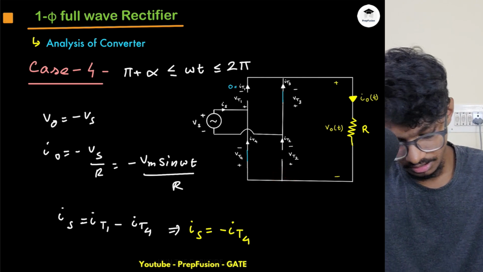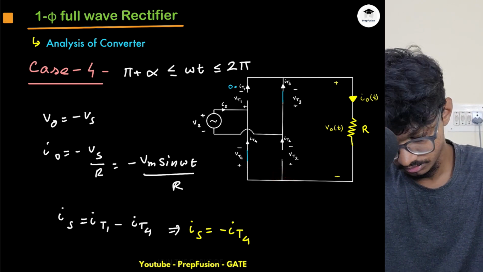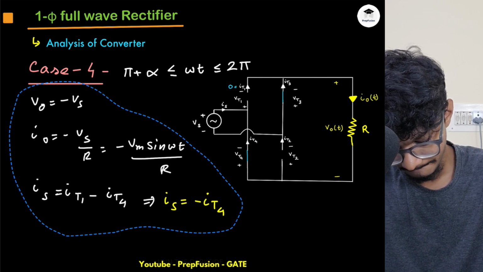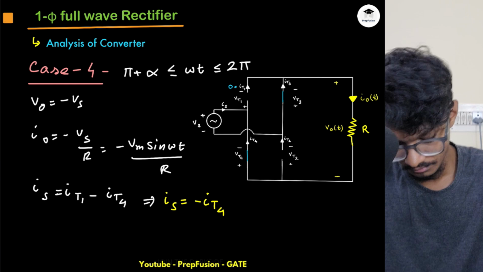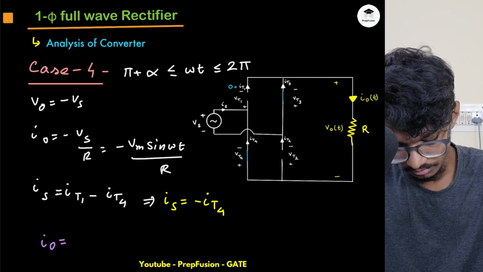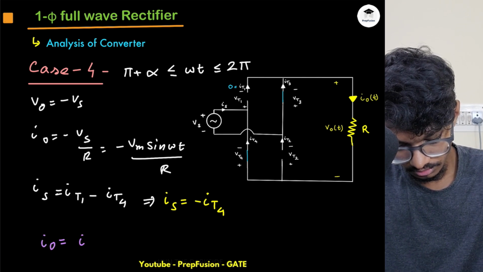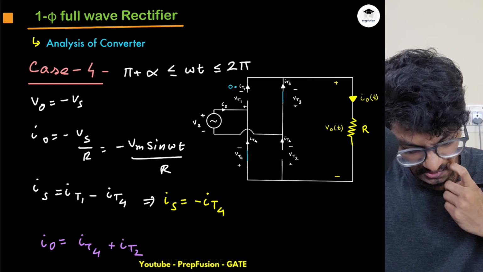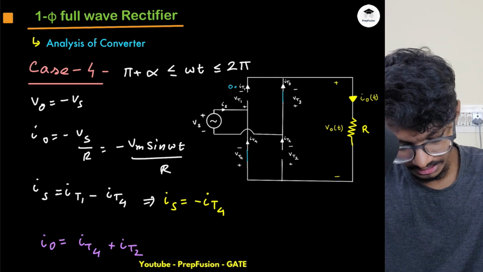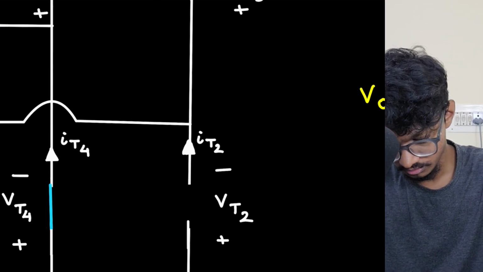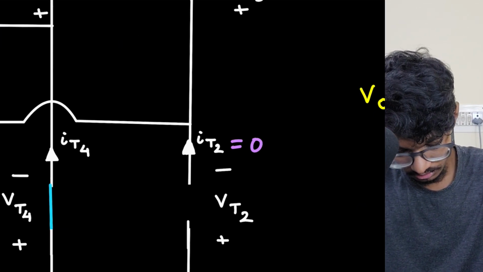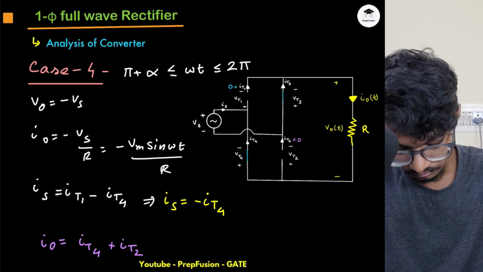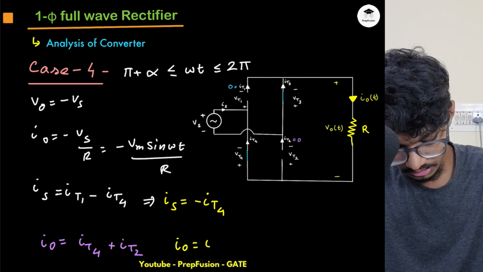My IO is equal to IT4 plus IT2. This IT2 is 0. As this IT2 is 0, my IO is basically IT4.